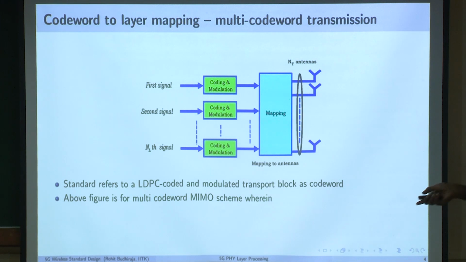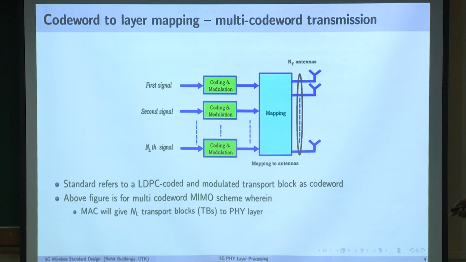You get 4 different code words, and this is called multi-code word transmission. Up to NL equal to 4, the standard does only single code word transmission. But you could implement it like this, wherein you transmit 4 different code words, and that abstracted chain will look like this: CRC, segmentation, LDPC, interleaving, modulation for each of these layers.